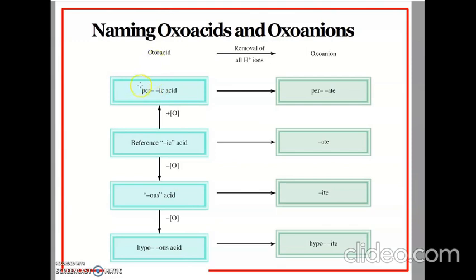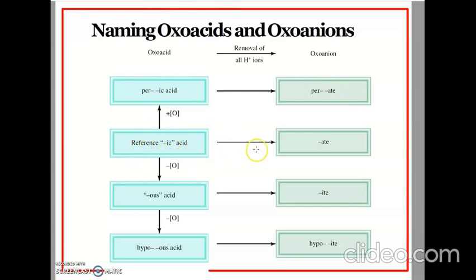So if you have a per-something acid, where we remove a hydrogen ion from the acid, the name becomes per-something ATE. And then if the acid loses one oxygen, the name becomes IC acid.